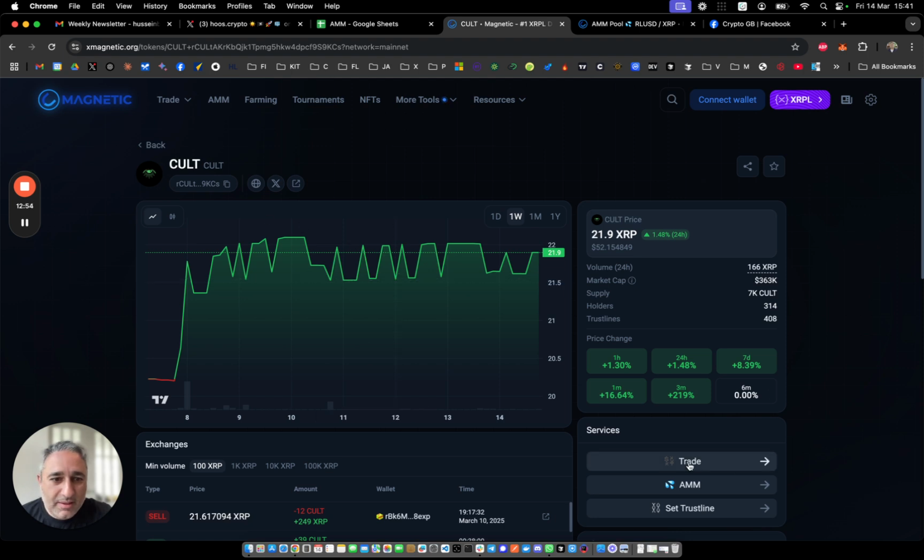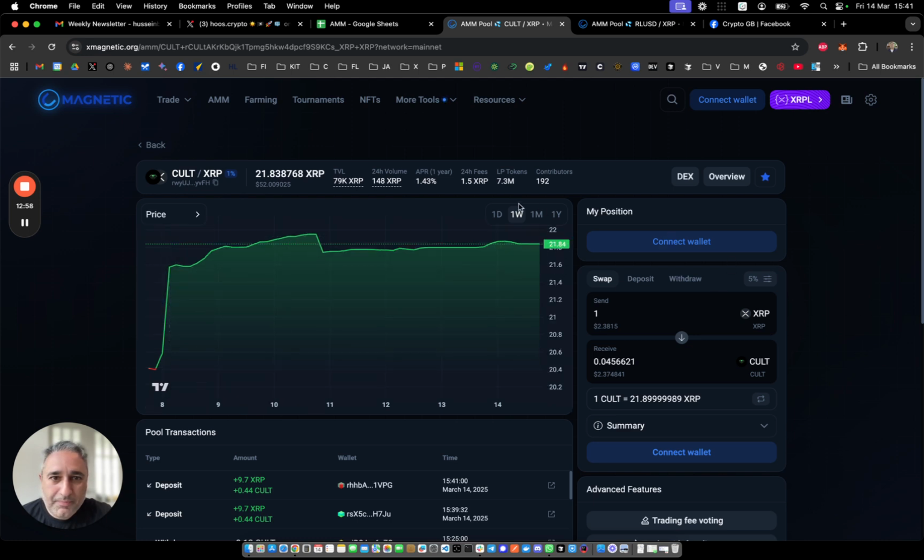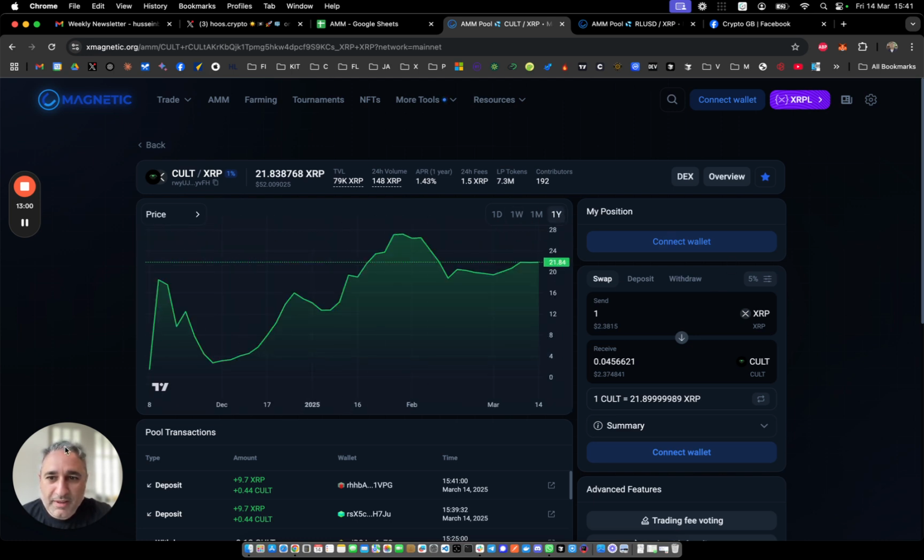And let's look at the AMM price on the year. Cult is a very interesting one on the year. MEF has been around longer, but you can also see the price has been steadily increasing for Cult over that period of time.